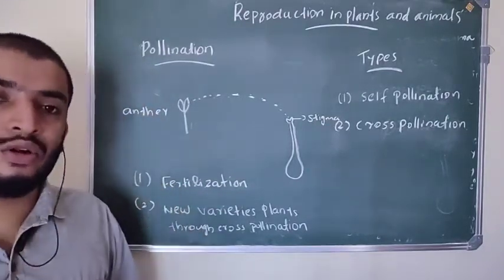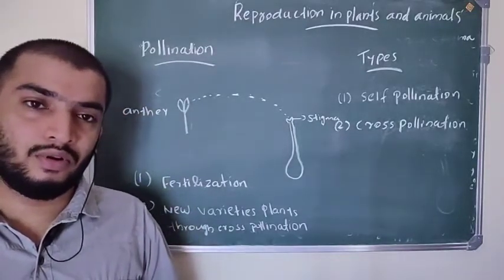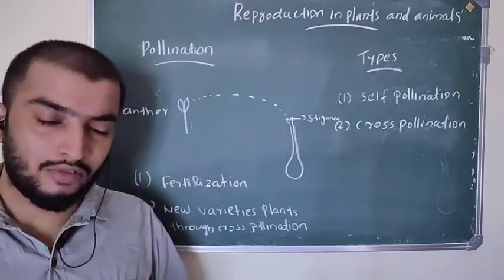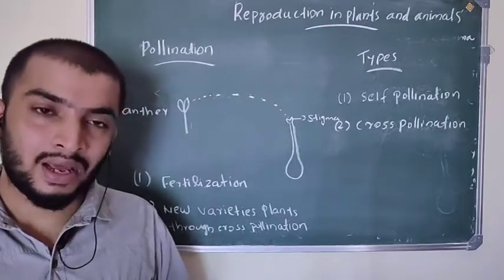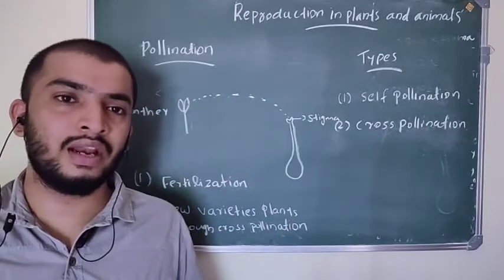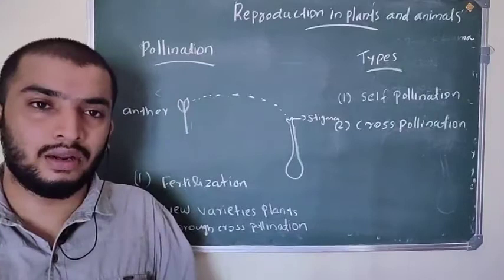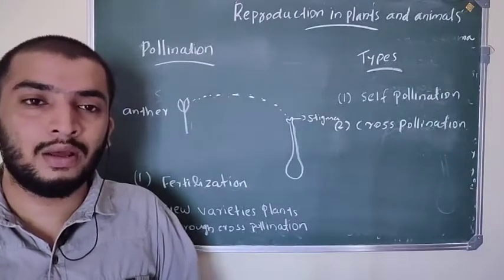Pollination also results in new varieties of the plant. For example, you have one plant, and you can see one variety in America and another variety in India. So you want to make a new variety of that plant. How can you do it? By pollination.